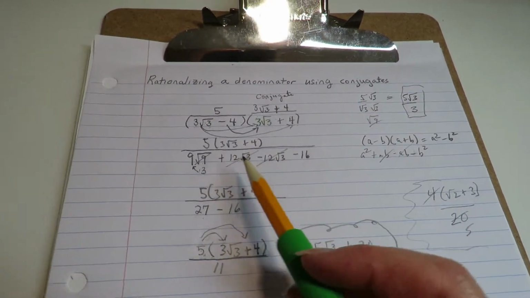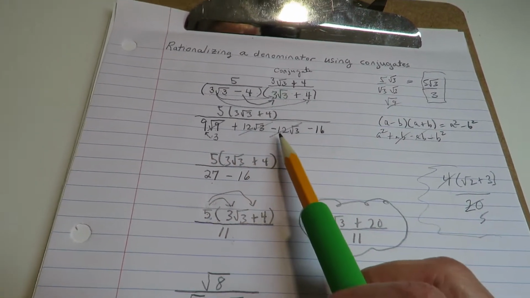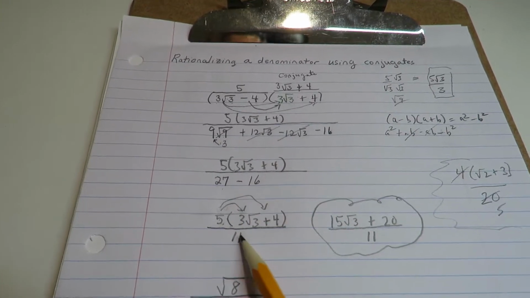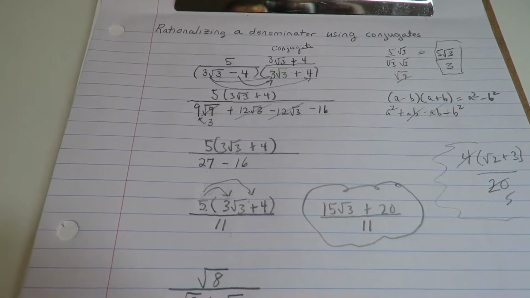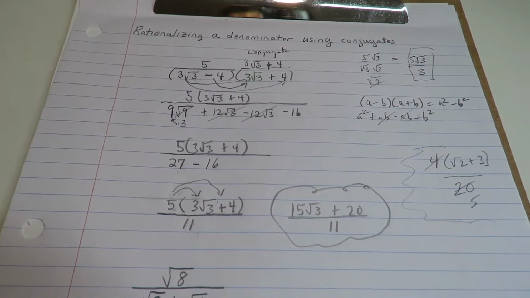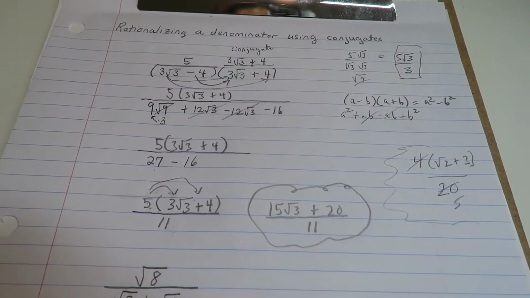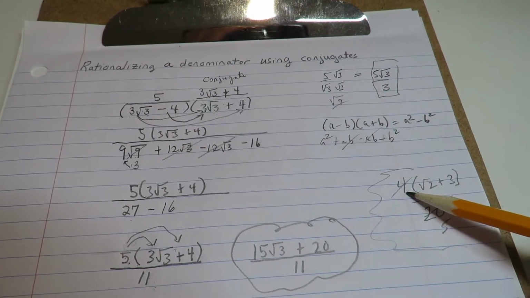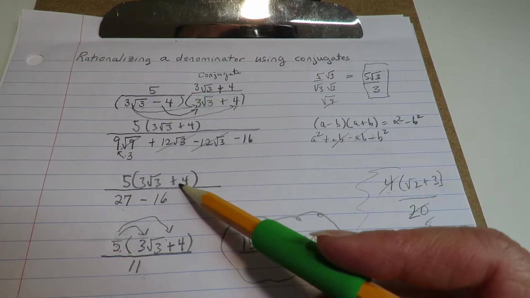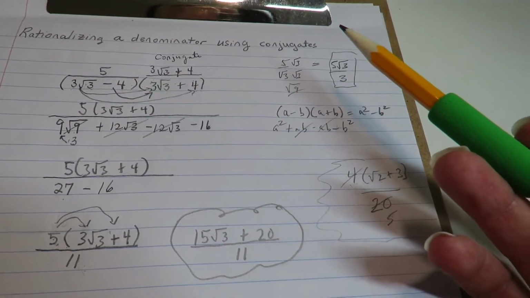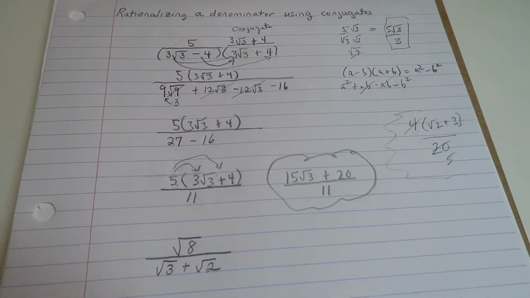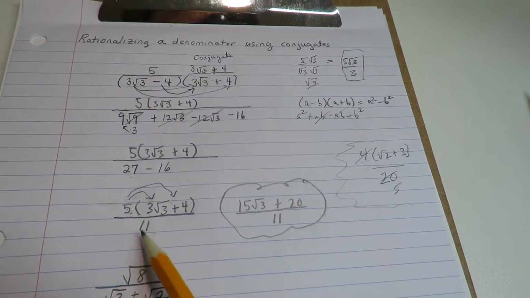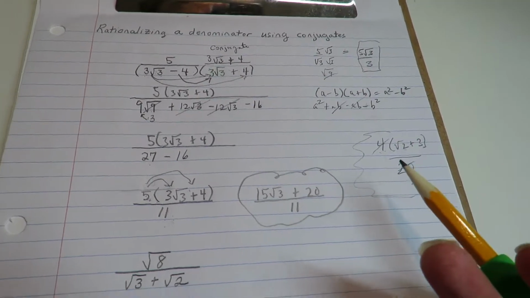What I'm stressing here is please simplify the denominator first, and then figure out how you want to handle the numerator. I think that's a really good procedure to follow. Just in case your fraction reduces, remember it's going to reduce over multiplication. So if you distribute out the multiplication, you won't be able to reduce the fraction if there's an integer in the denominator. This one just didn't happen to reduce because 5 over 11 doesn't reduce.